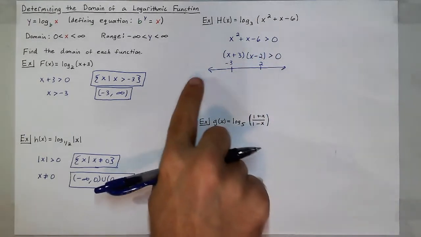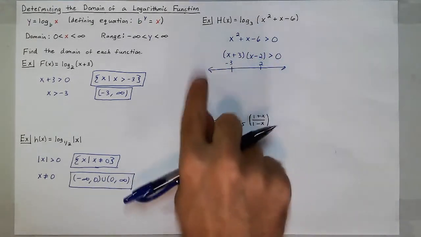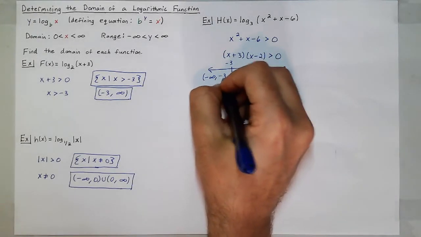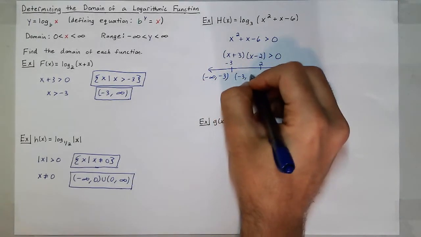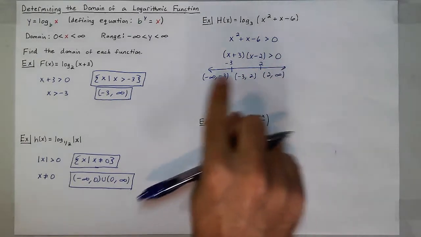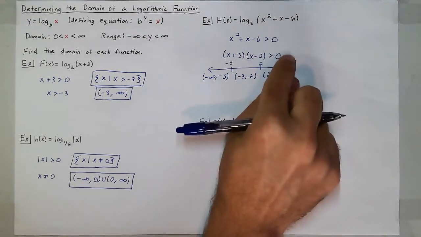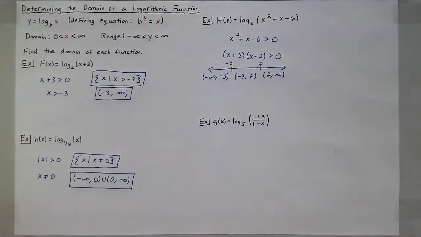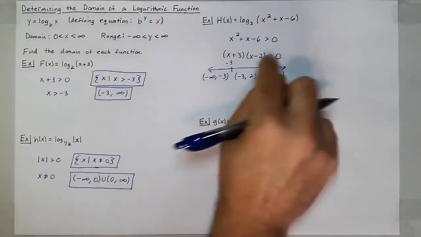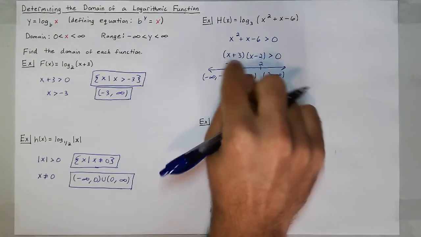So splitting up the entire number line from negative infinity to positive infinity, I have 3 intervals. Now, whichever intervals cause this polynomial to be greater than 0, I will use for my domain, and those that make it less than 0, I will not use. Now, even though negative 3 and 2 make the polynomial 0, since it doesn't equal 0, these will not be used in the domain.